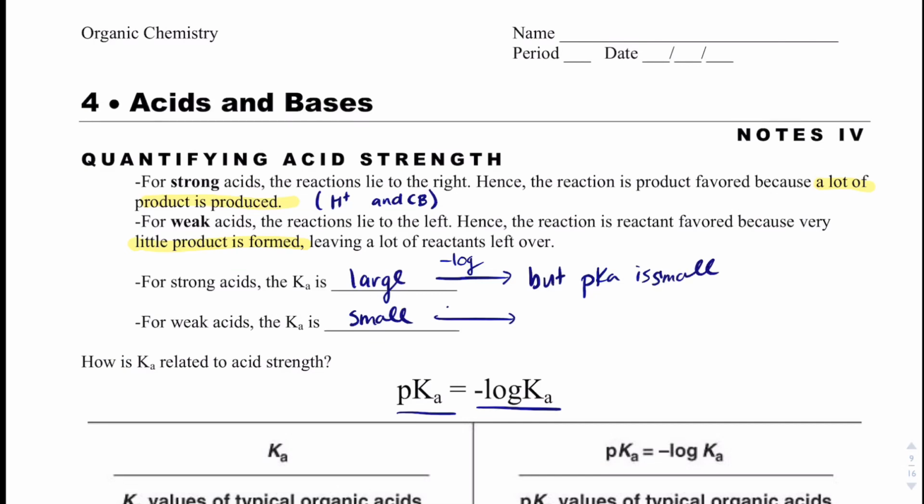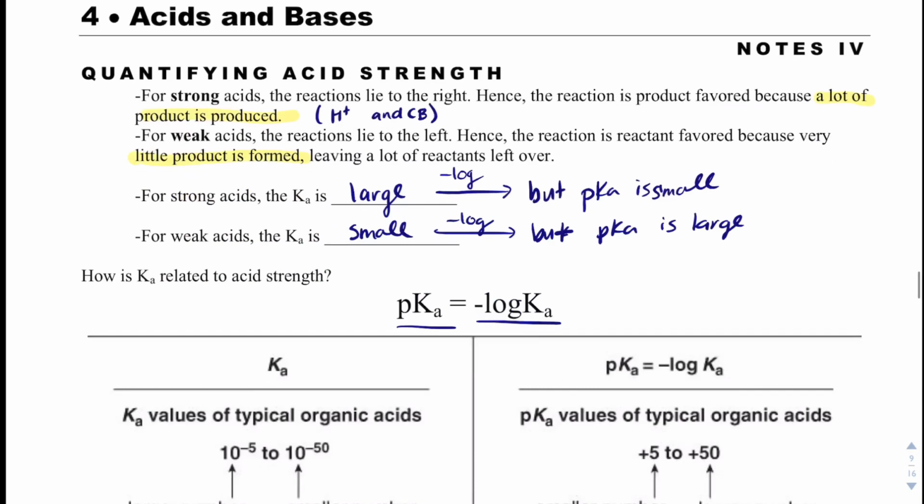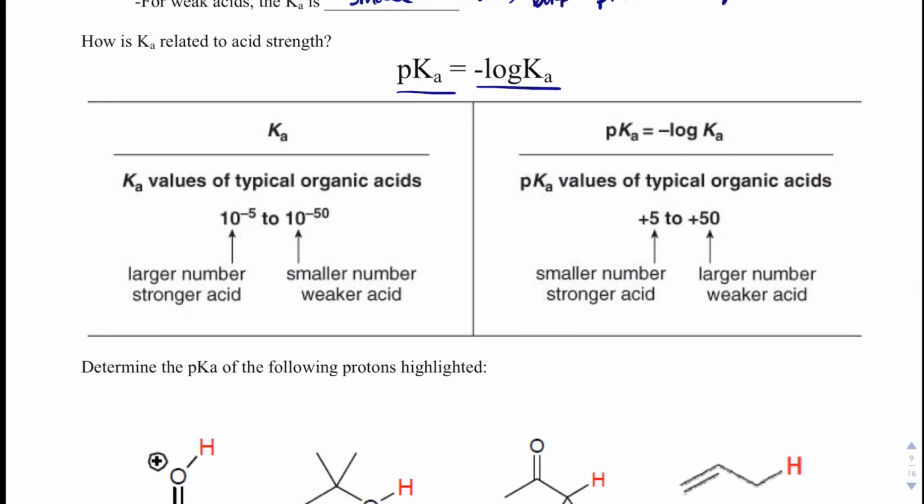Whereas if I have a small number and I take the negative log of it, that will make the pKa large. So what's important to know is with pKas, the smaller the number, the stronger the acid.